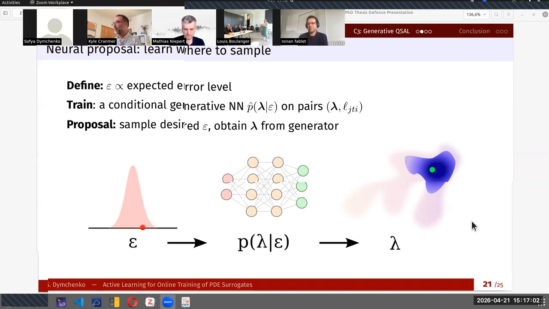Yeah, and I think this is one of the interesting next steps. But the problem is that, first of all, you make this generator network dependent on the resolution. If you have a large resolution, a fine discretization of the state, you would have to scale not only the surrogate, but the generative network as well.